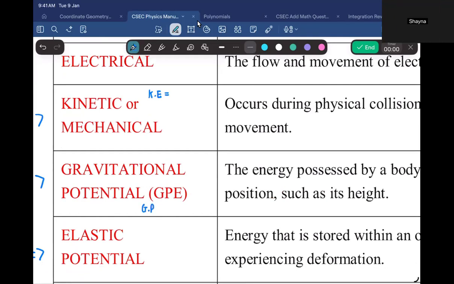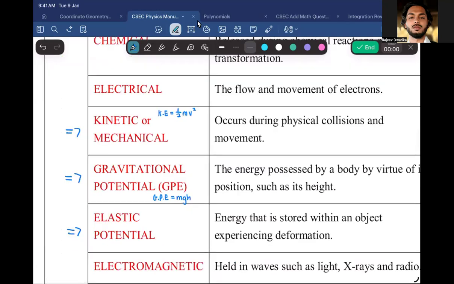I don't think I can remember that. Wait, it was a half times mass times velocity squared? Yeah, half mv squared. Good job, right? You remember it. I said these are the main ones you need to remember in physics.